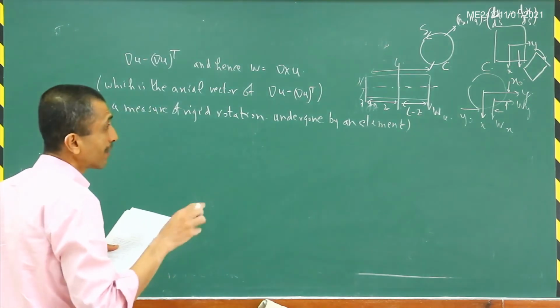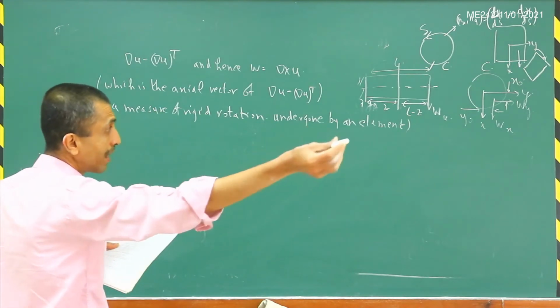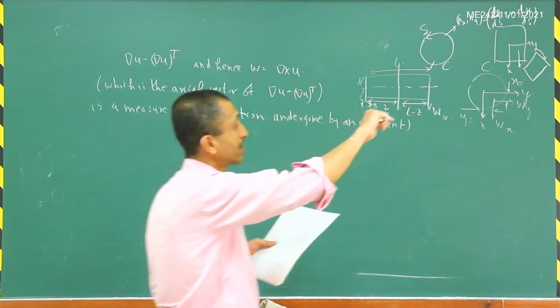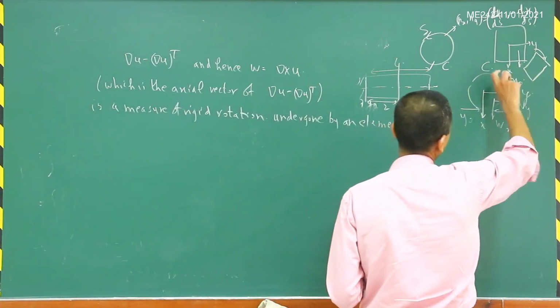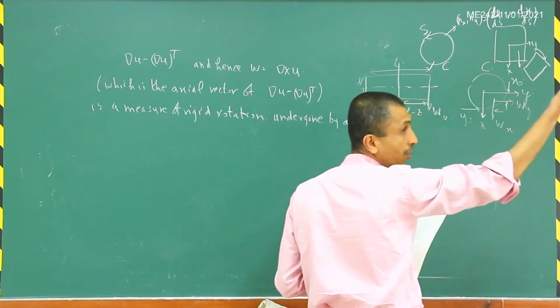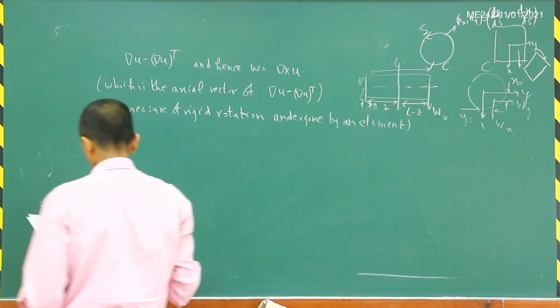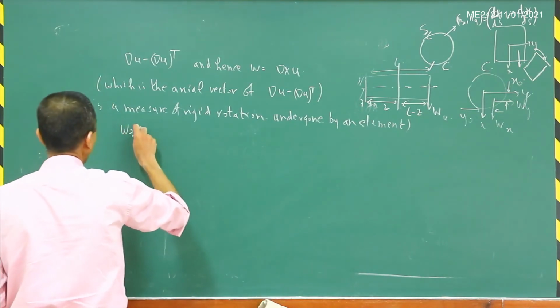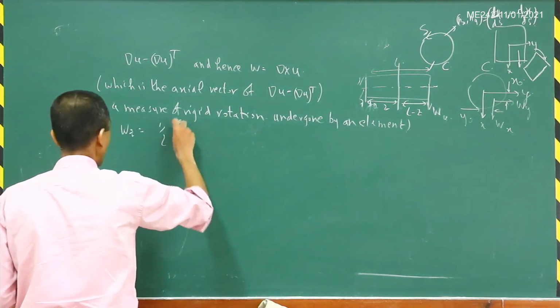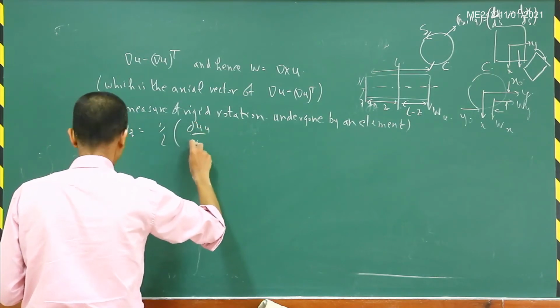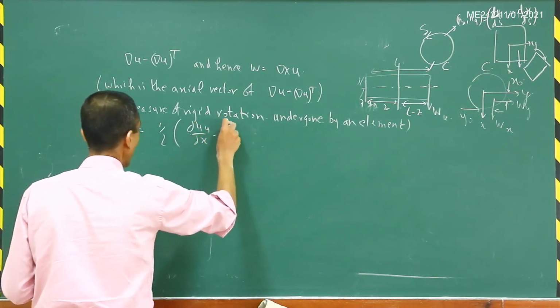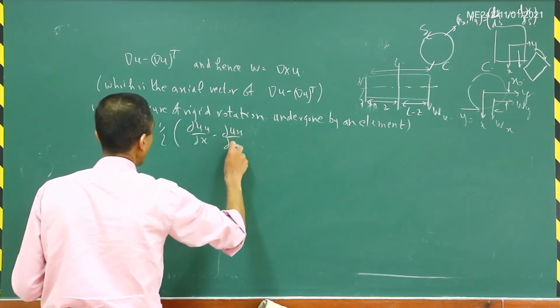So here we are interested in this omega z now, because we are interested in the rotation of this particular cross section. So that will represent omega z, correct? That is the z component. So omega z will be equal to half of del u y by del x minus del u x by del y.